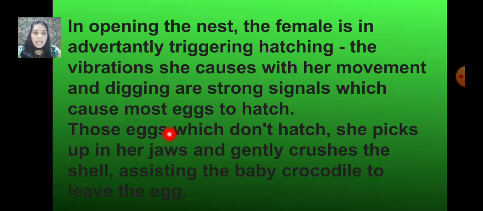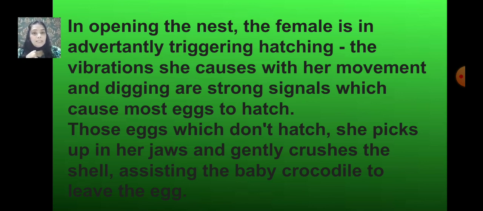So those eggs which don't hatch, she picks up in her jaws and gently crushes the shell. So in spite of the vibration also, some of the eggs are not hatched. So what will the mother crocodile do? The female crocodile, what will it do?